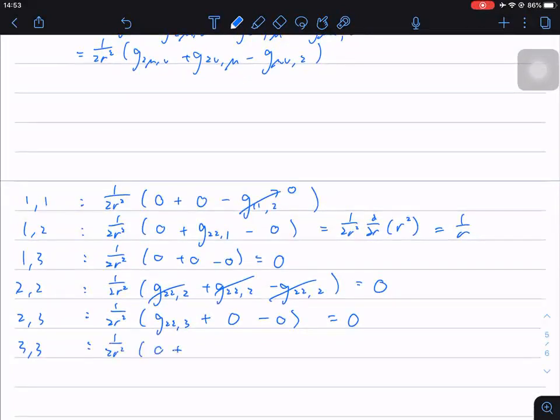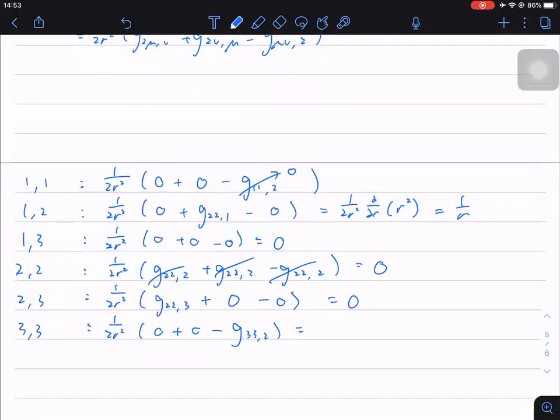And finally, we have the 3, 3 term. So again, 0 plus 0 minus G, not 0 this time, because G33 is a function of theta. After taking the partial derivative, we now have sine theta cosine theta with a minus sign here.